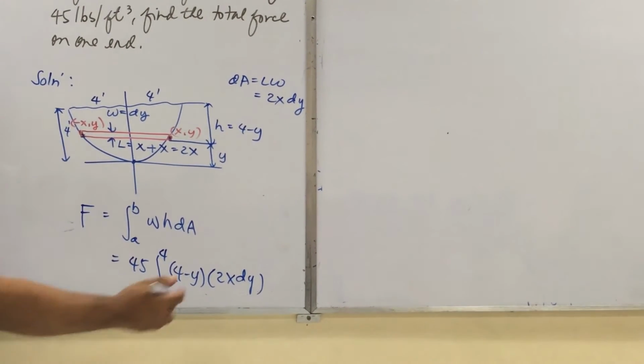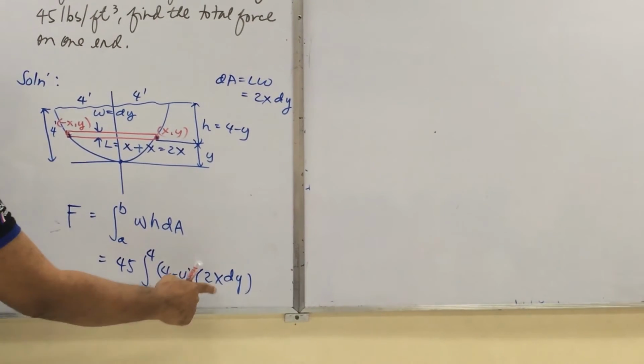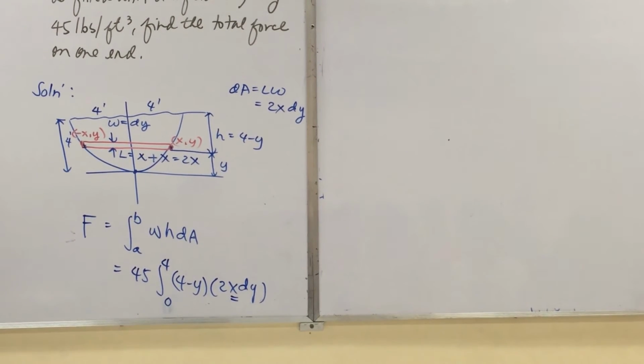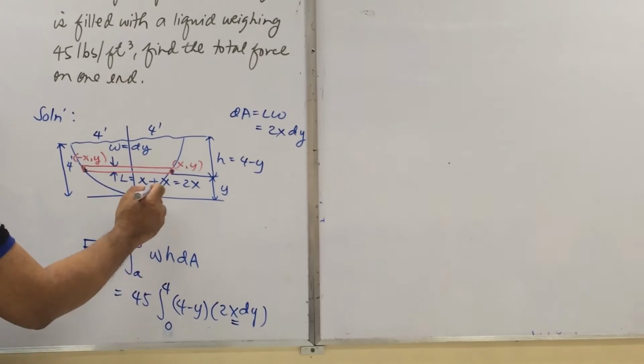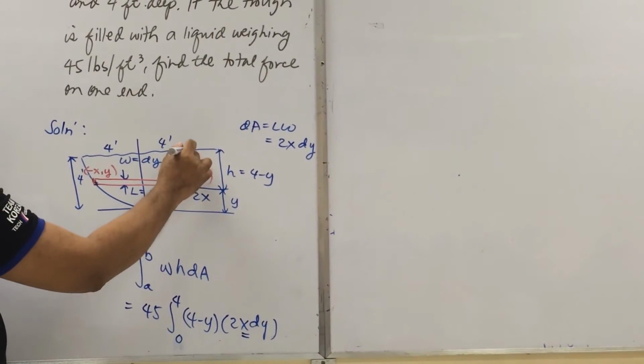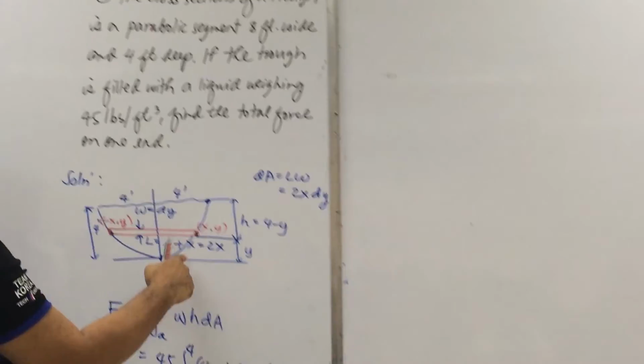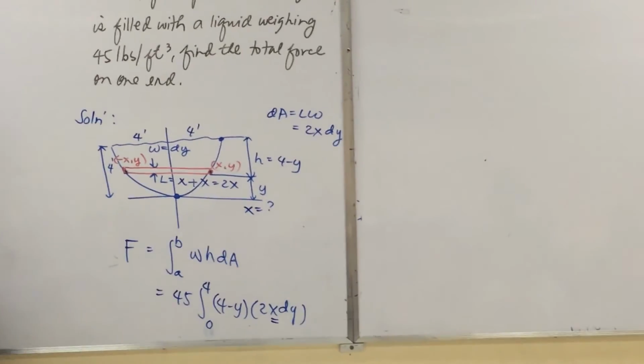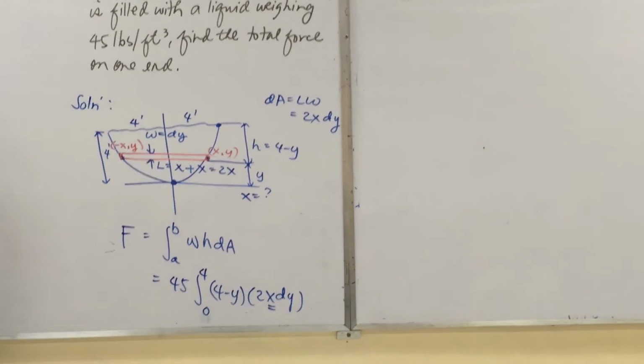Now, let us multiply 45 and 2, and then let us replace x. What could then be the x? The x can be obtained from the equation of the parabolic segment. Let us define the parabolic segment here.